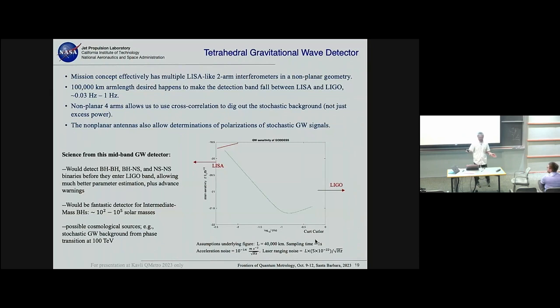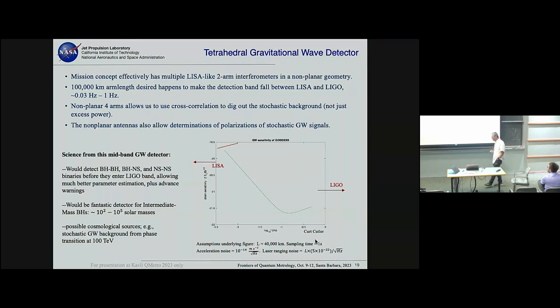But it turns out, since everybody's talking about the gravitational midband, that this is a very good system for detection in the gravity midband as well. We did a back-of-the-envelope calculation of how good it can be; this is where LISA is in the low frequency domain, and this is likely in the high frequency domain.